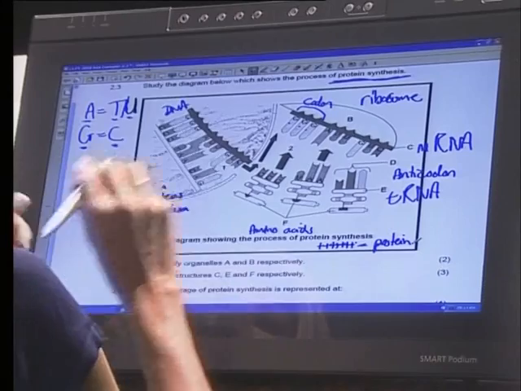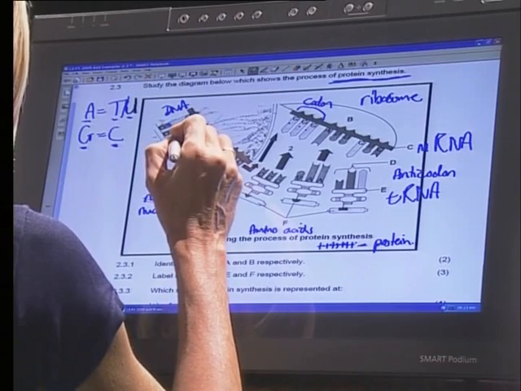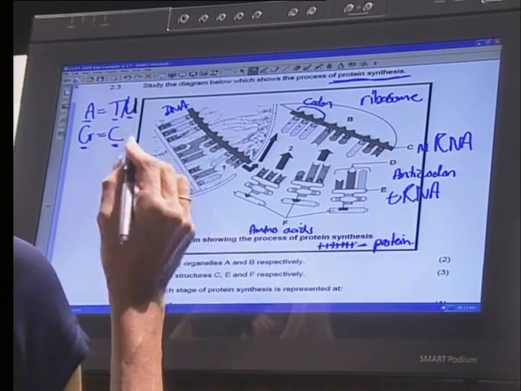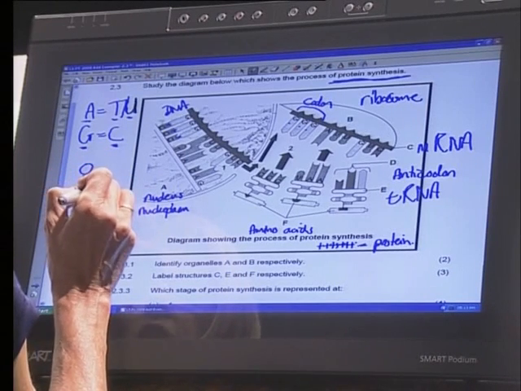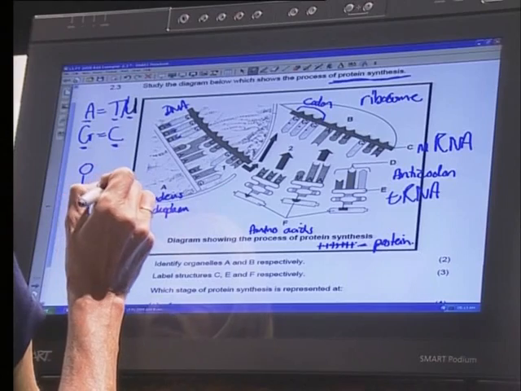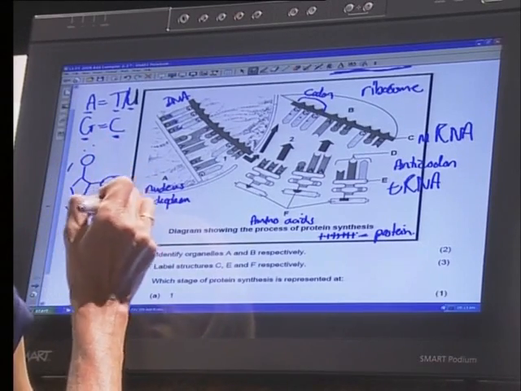The weak hydrogen bonds that sit over here are holding your nucleotides. Remember, a nucleotide is a phosphate, a pentose sugar, and a nitrogenous base. That's one nucleotide.